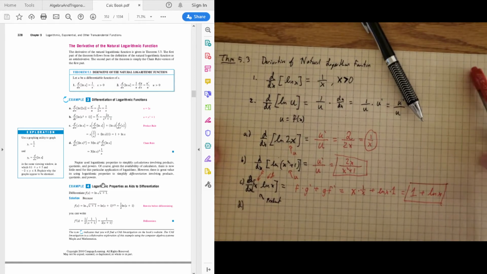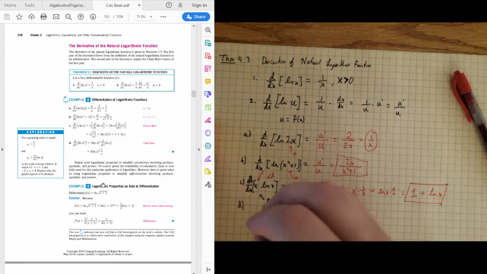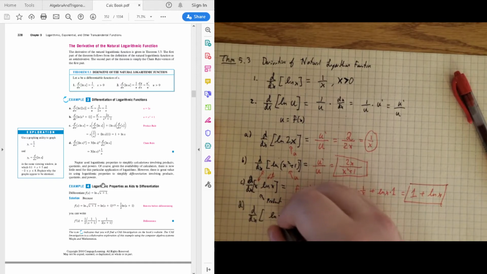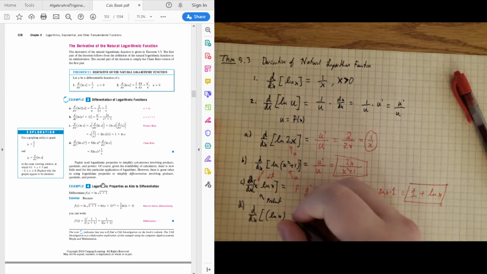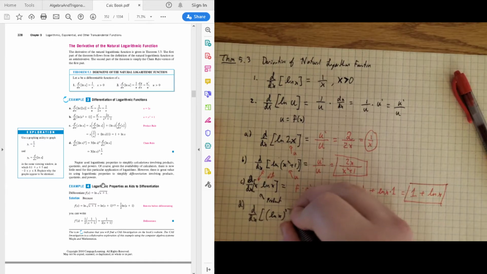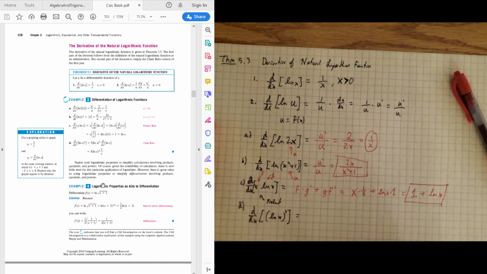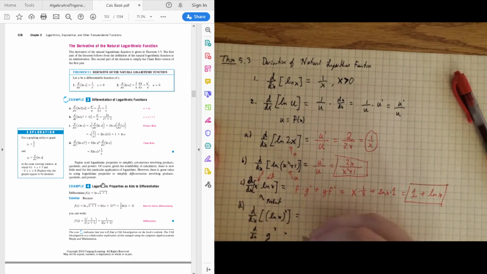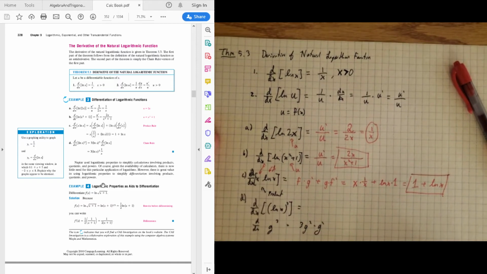Okay. D. For D, we have d dx of ln of x to the third power. At this point, we have to do a chain rule. So we have up here g to a power. Remember, to take the derivative of this, we have to take the power rule first, and then times by the derivative of the inside.